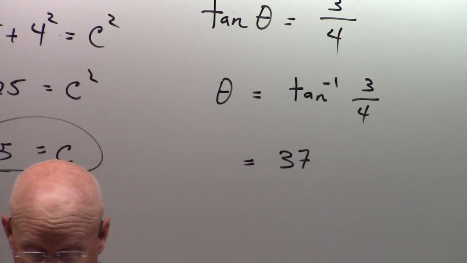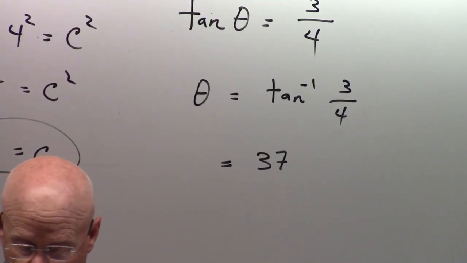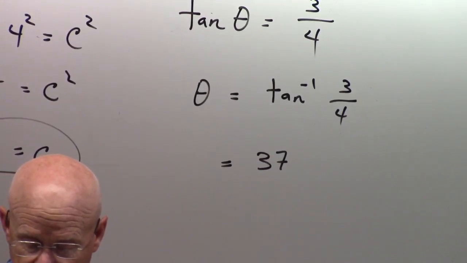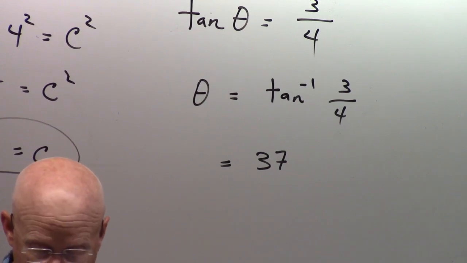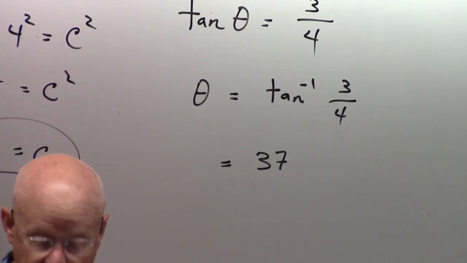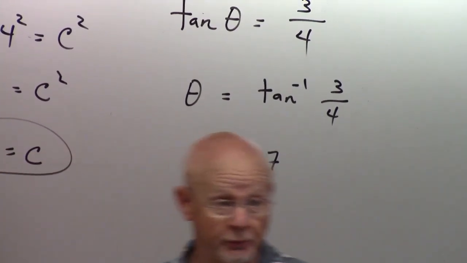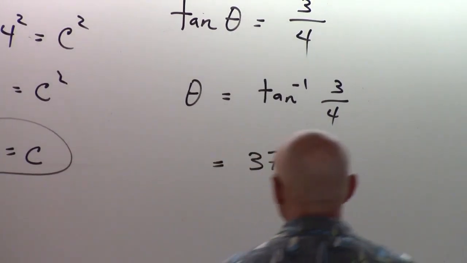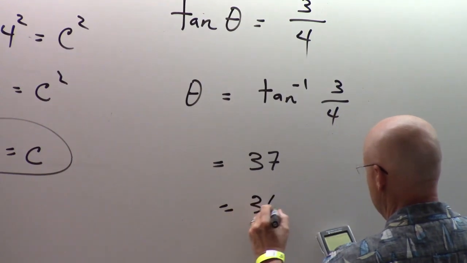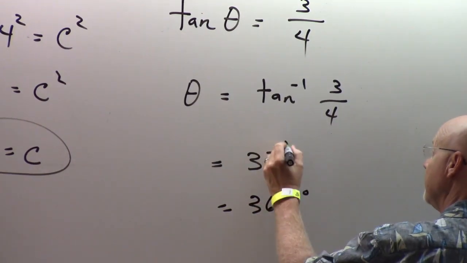Let me give it a try. First of all, am I in degrees or, oh no, I'm in radians. Let me switch to degrees. Then inverse tangent of 3/4, and I come up with almost 37 degrees. A little more accurate is 36.9 degrees.